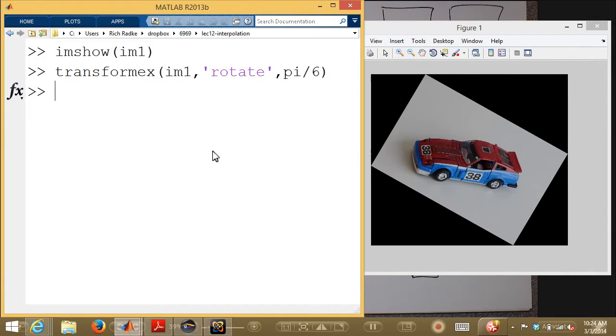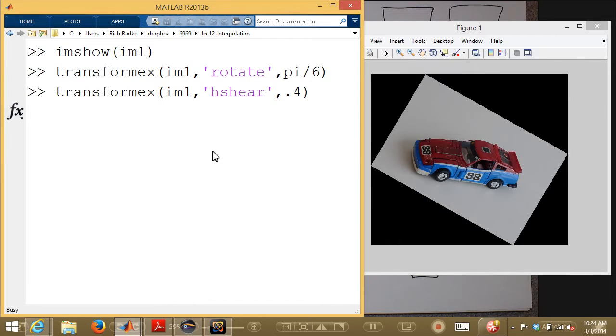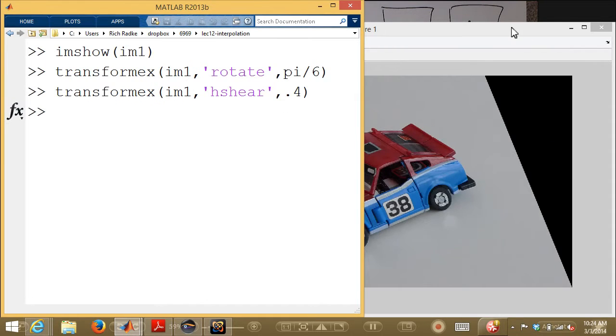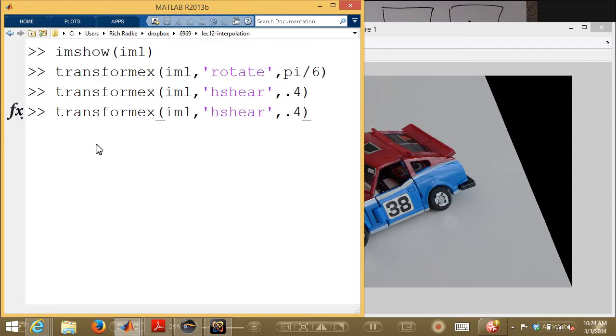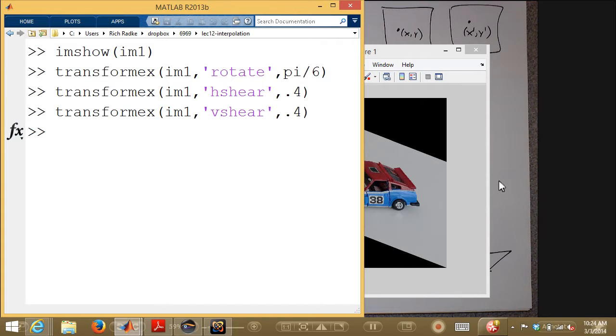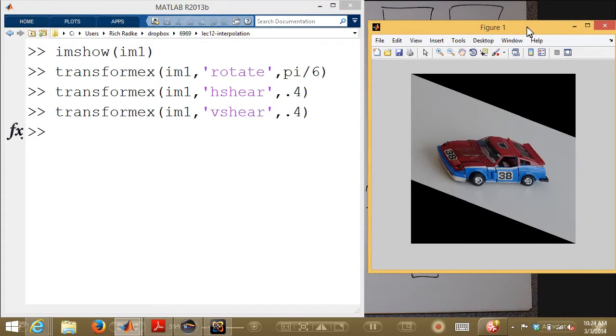You can keep doing this with different things. For example, a shear takes all the pixel values and shoves them over, like this horizontal shear, where everything is pushed this way. I could have a vertical shear where I'm pushing it the other way. The main idea is that all the pixels are moving together, and they're all characterized by a single small set of numbers.